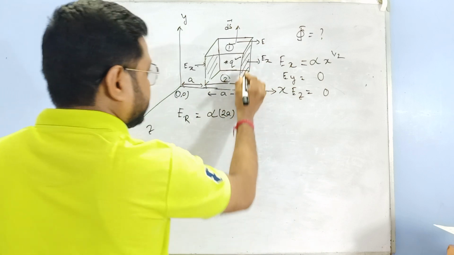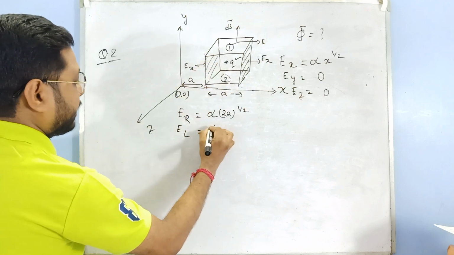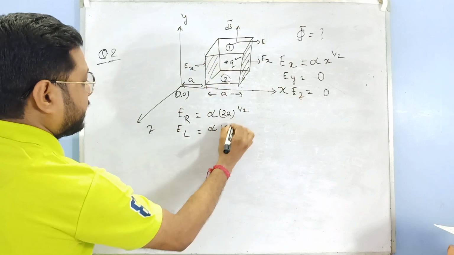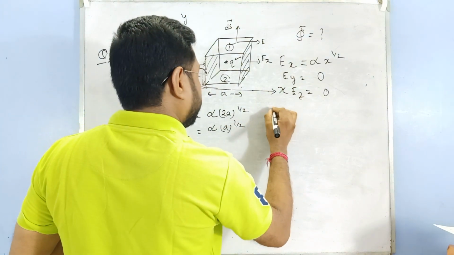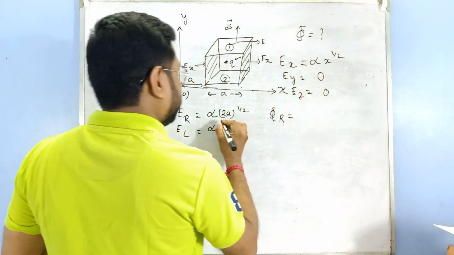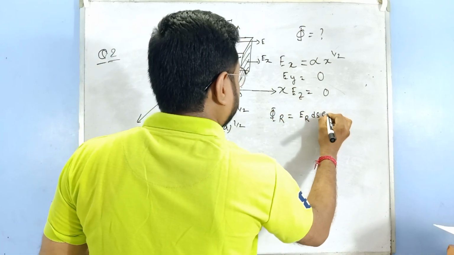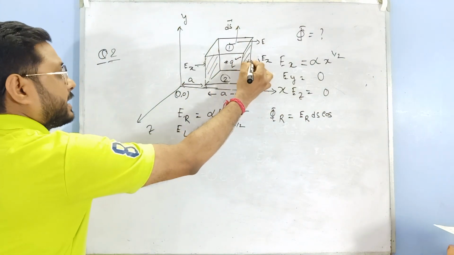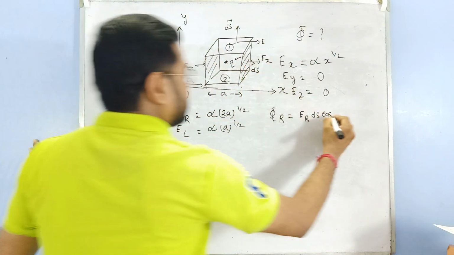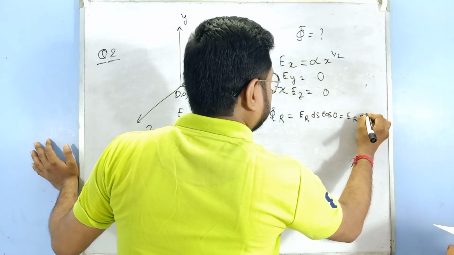That is E right. And E left, that is for the left side, it is alpha a to the power half. Now what is the flux? If we take phi R, it is ER dS cos theta. Here dS acts radially outward, so cos is 1. So you get ER dS.